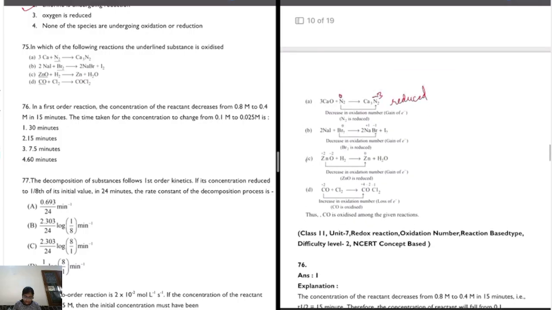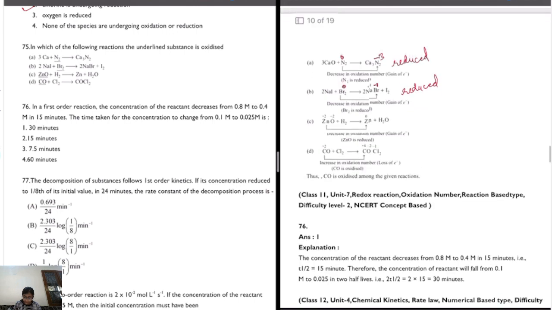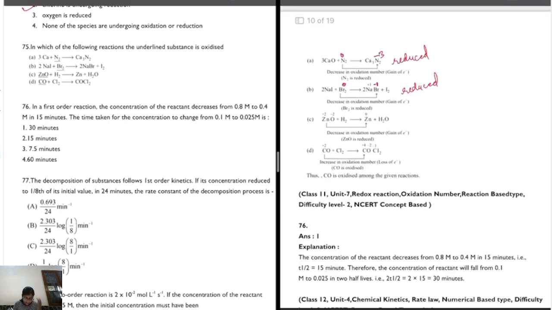Alright, in the next, we see Br goes from 0 to -1. Therefore, it is also reduced. In this next, the underlined element is Zn. From +2, it is going to 0. Again, it is reduced. Therefore, obviously, the last option is the correct answer.